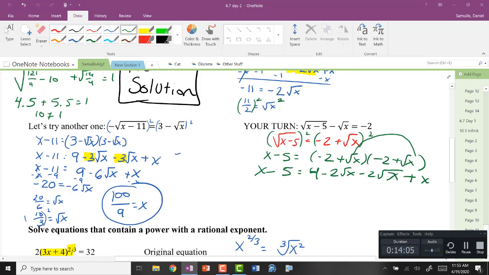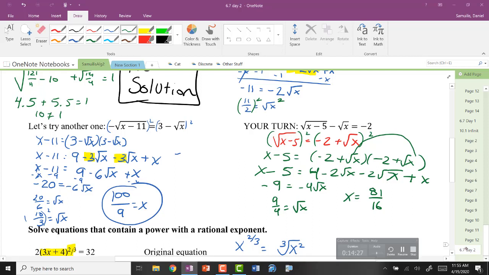Okay, so I'm going to subtract 4, subtract x, end up with -9 equals -4 square root of x. Divide by -4, you end up with 9/4 equals the square root of x. Square both sides, you end up with x equals 81/16. Okay, and then plug it back into the calculator to check your work.